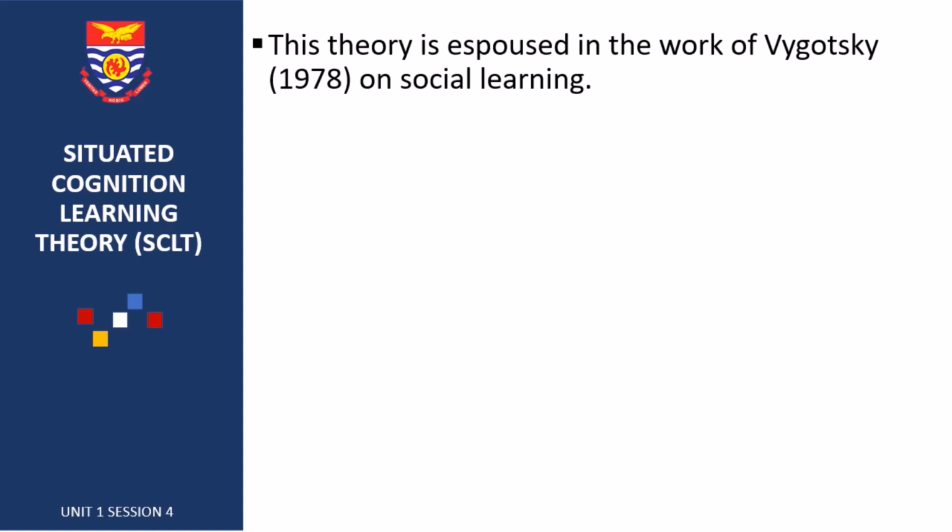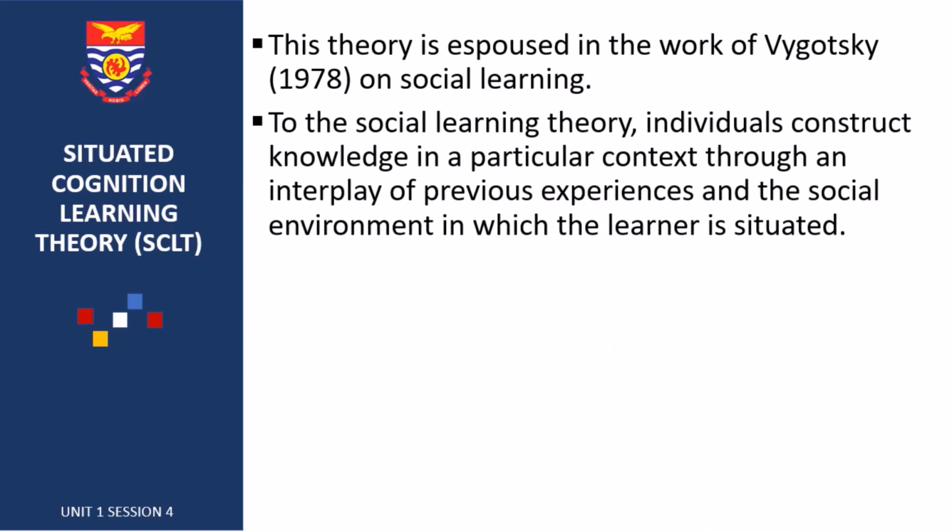He believed that social interaction plays a major role in learning among children. Now, according to this theory, individuals construct knowledge in a particular context through the interplay of previous experiences and the social environment in which the learner is situated.